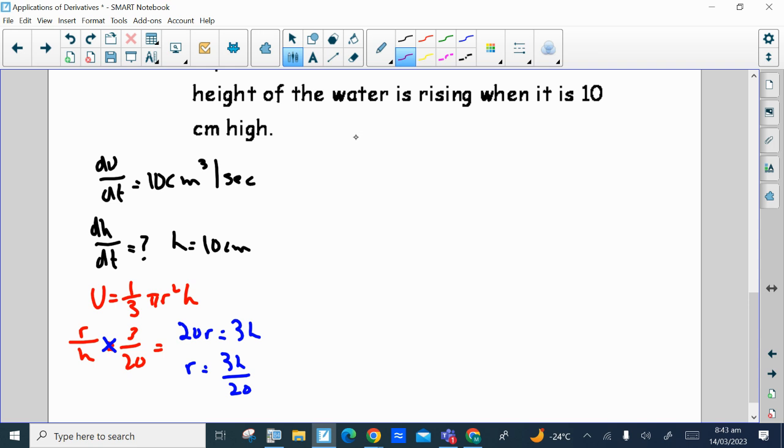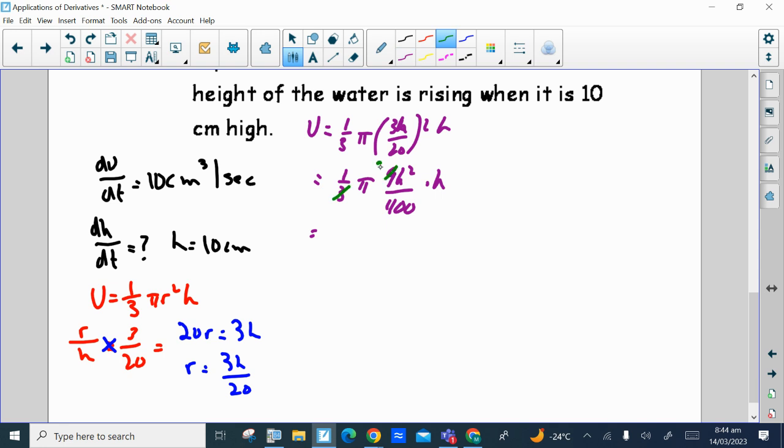So now we will say that V equals 1/3 pi times the radius, which is 3h over 20 squared, times h. So this will be 1/3 pi. So when you square the 3h, you'll get 9h squared over 20 squared, which is 400, times h, which will simplify this.